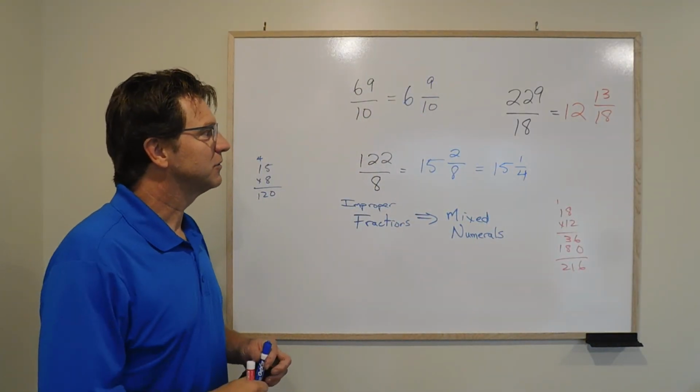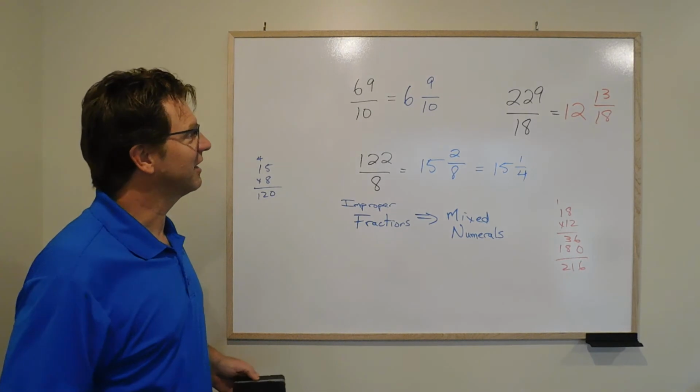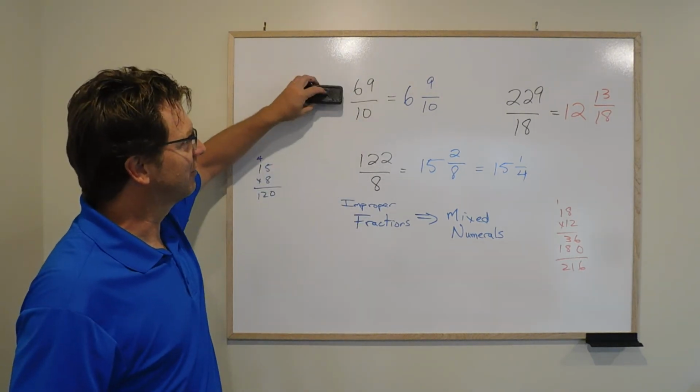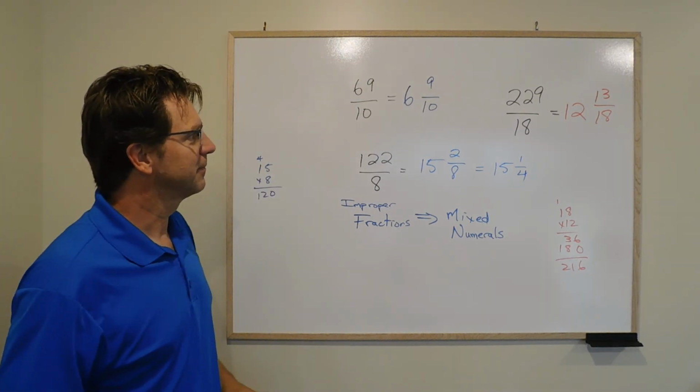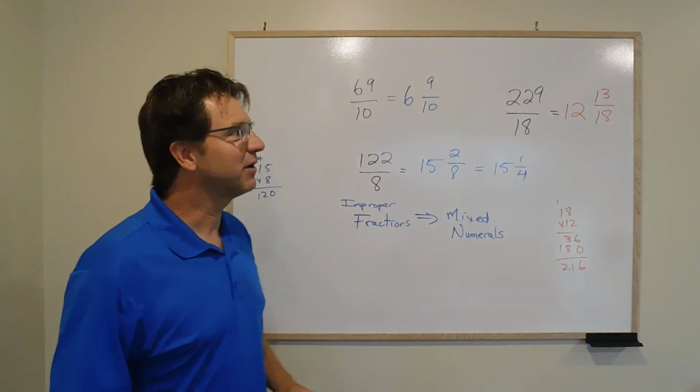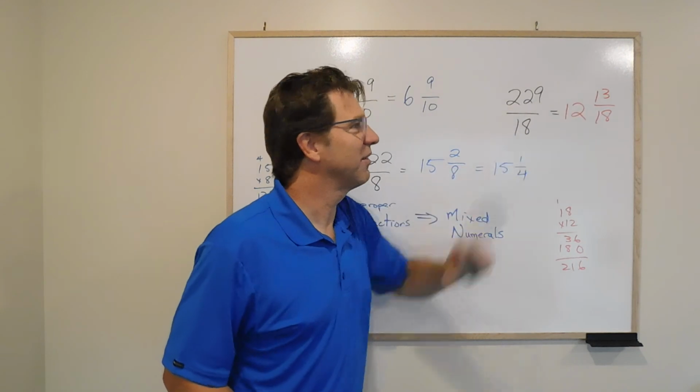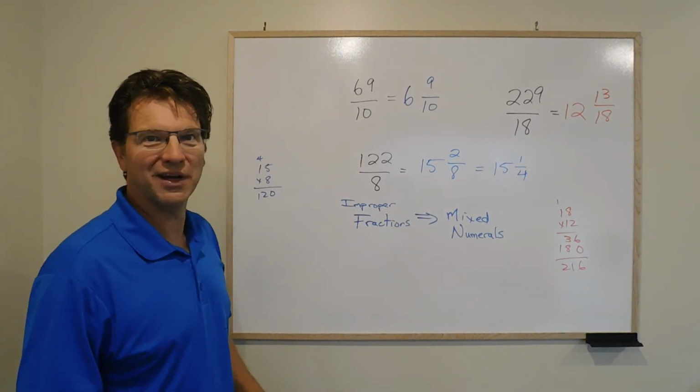Okay? So there are some different techniques where you get into your calculator, but basically we've converted these back to mixed numerals: 6 and 9 tenths, 15 and 1/4, and 12 and 13 over 18. Okay? All right.